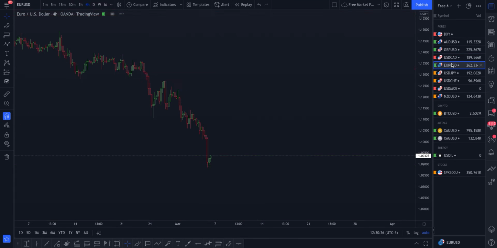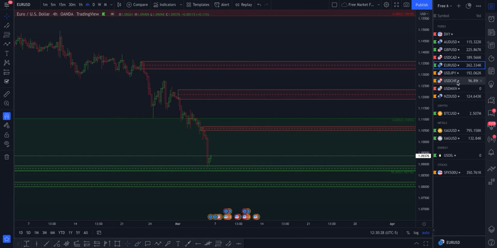All right, Euro USD, institutional bias for this is long. We do see where we are sitting inside of an institutional demand or accumulation area, if you will, bouncing off of this 4-hour demand.